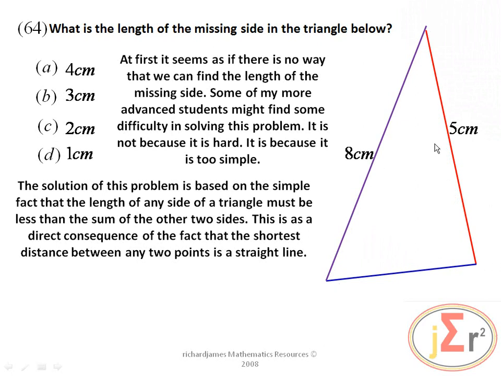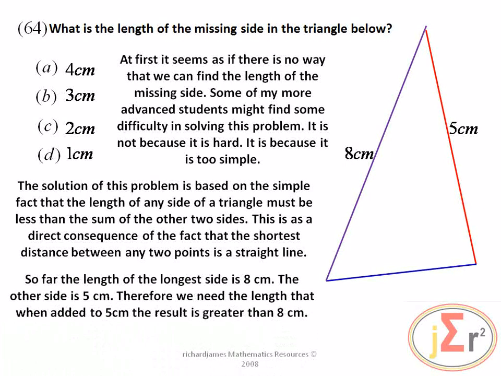Therefore, whatever this side is, when it is added to 5, it has to be greater than 8. So that is why we are able to pick our answers out successfully.